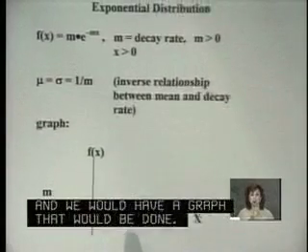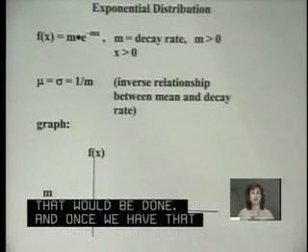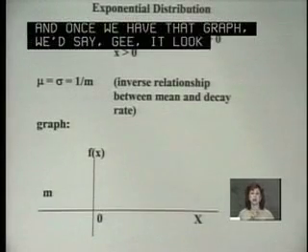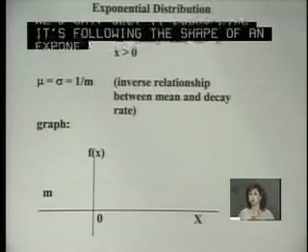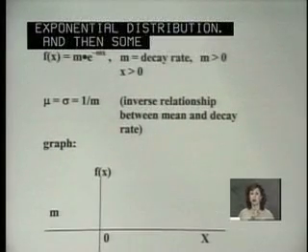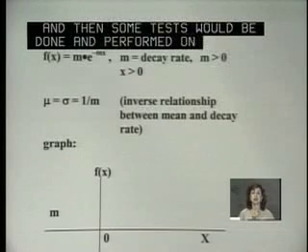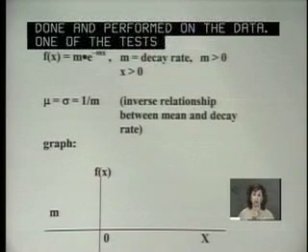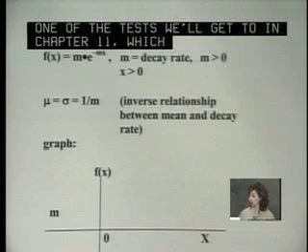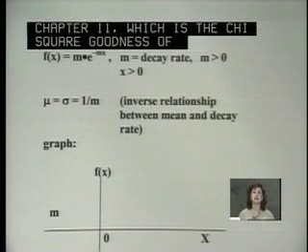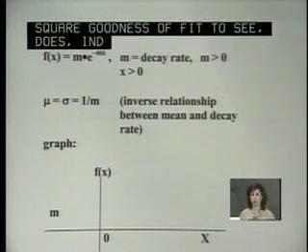Once we have that graph, we'd say, gee, it looks like it's following the shape of an exponential distribution. Then some tests would be performed on the data. One of the tests we'll get to in Chapter 11 is the chi-square goodness of fit, to see whether indeed the data follow what we would expect.